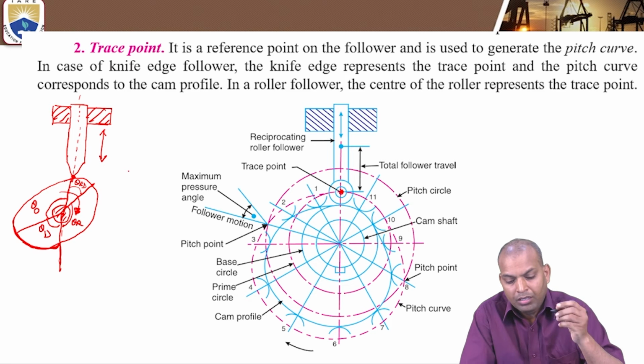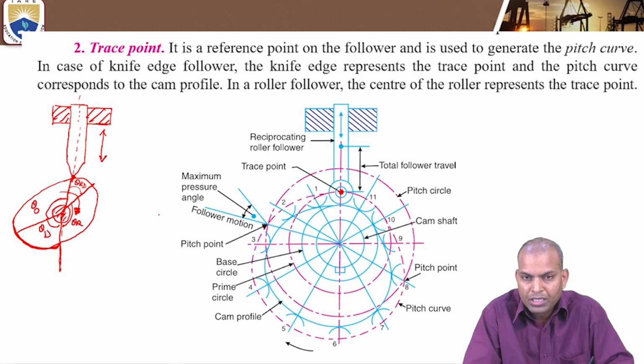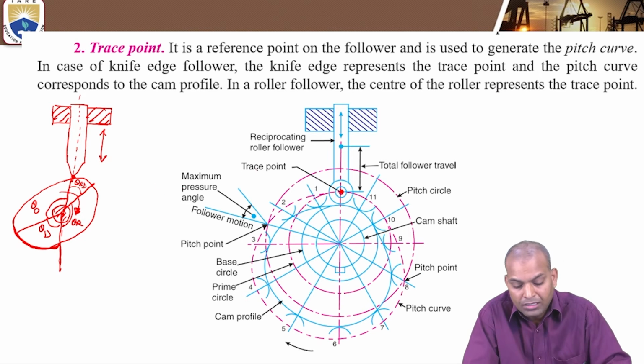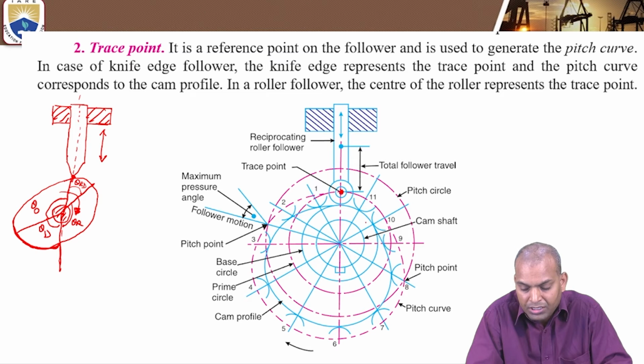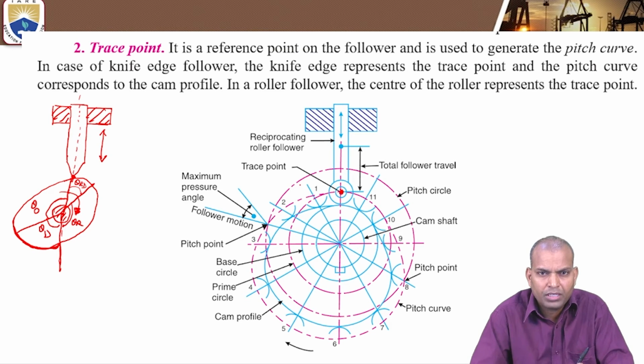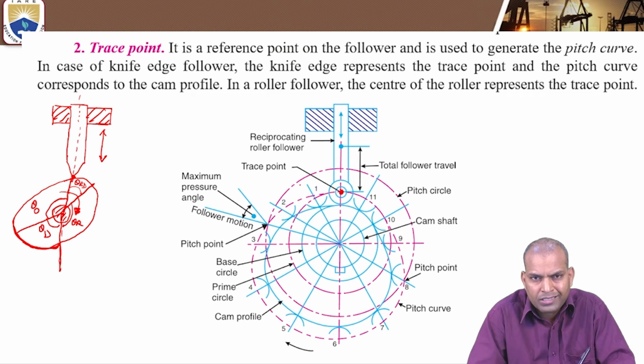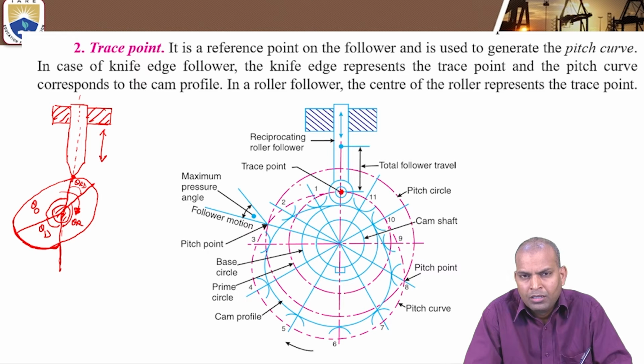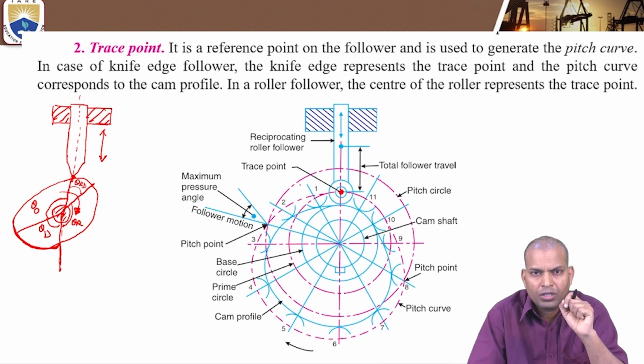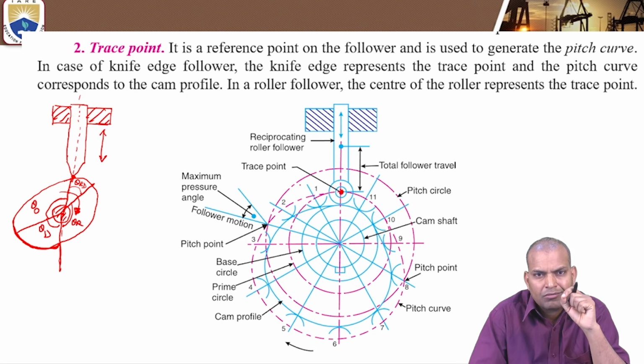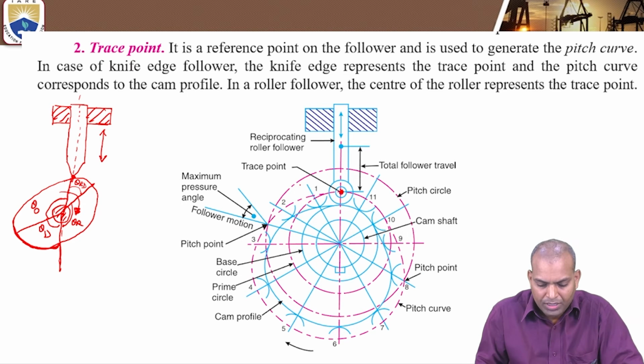Now, the center of the roller, in the case of a roller follower, represents the trace point. And one more important thing is that the radius of the pitch curve, in the case of roller followers, is greater than the cam profile radius. Alright, that is the tracing point concept.